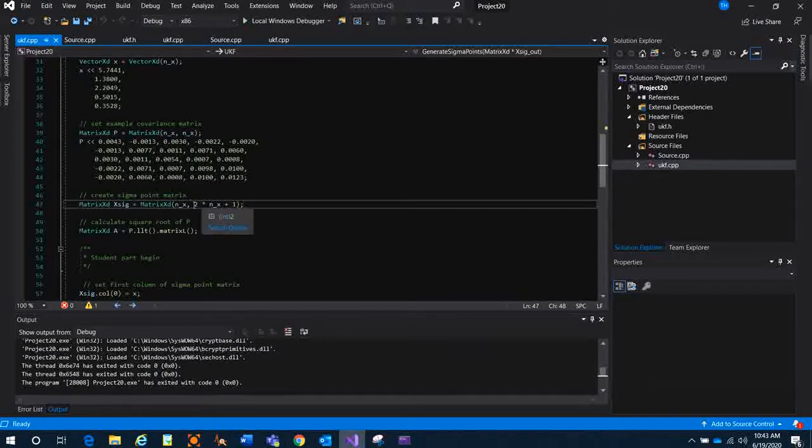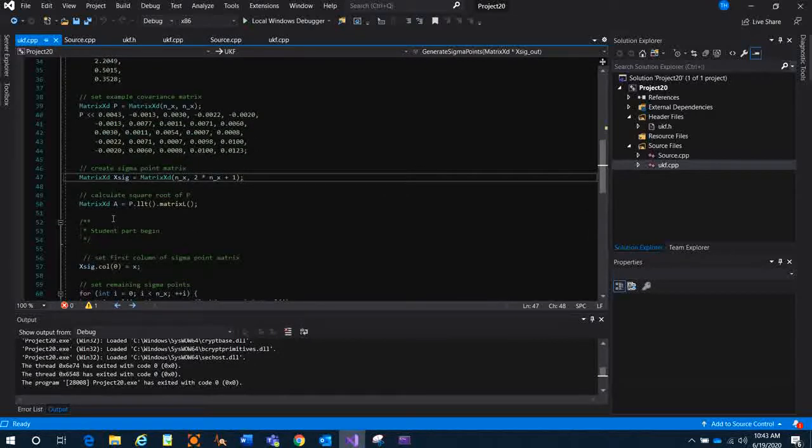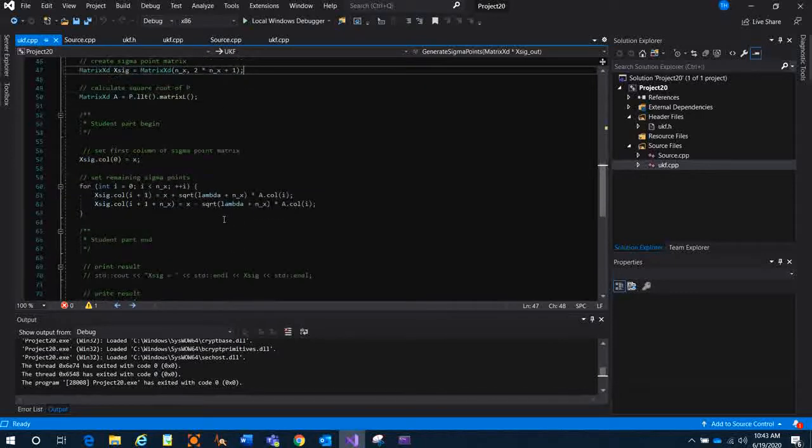I told you that you have to know how many rows and how many columns. After that you get the square root of the covariance matrix. In the Eigen library, there is a function that helps you get the square root matrix of the covariance matrix. And you remember in the matrix, the first column equals the mean state.